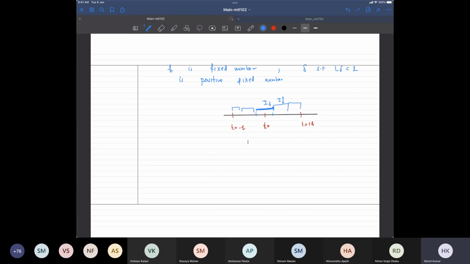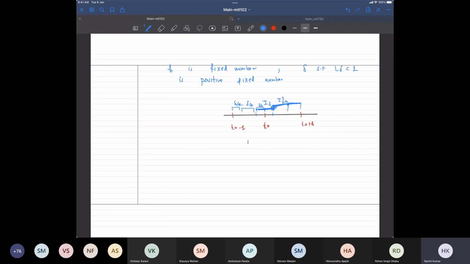I should take delta by 2 because I have to go both sides. So then I do the same thing here, and because the value here is matching, it will match here, and because the value here is matching, it will match here. Exactly the same argument will be repeated. The width will be delta by 2 for each, because we have to go in both directions.